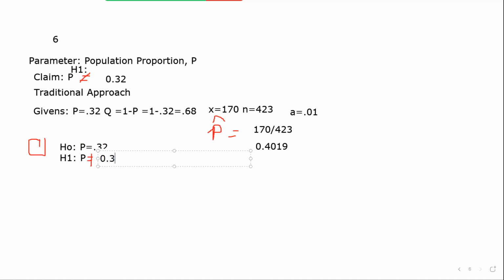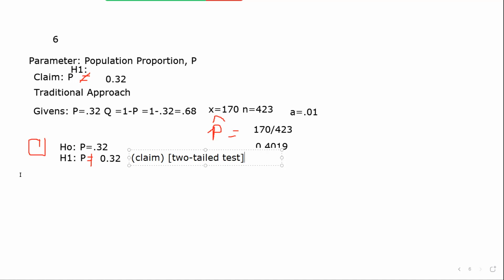Remember, this is my claim because we want to know if it's different. And we also know that this is a two-tailed test this time. Questions about this part? Nope, good enough? Okay. So we've got our parts there.